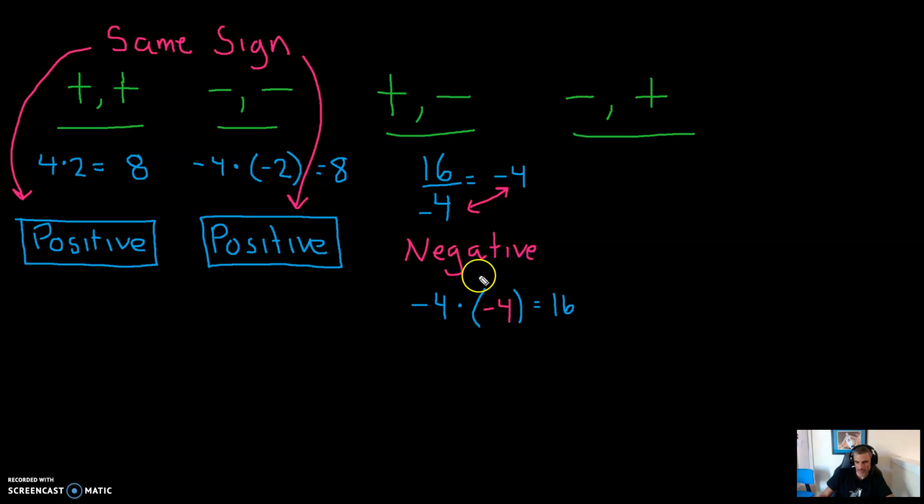And we can show that by doing the opposite, by reversing the process. Same thing here. Instead of positive 16 on the top, I'll have negative 16 divided by a positive 4.